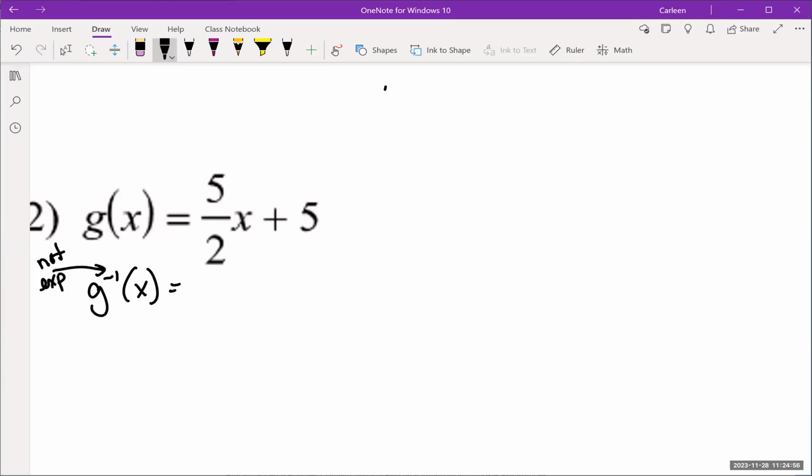Okay, so here we go. Using the procedure, change from g of x to y equals. Switch. Okay, some of you may remember. No, I'm not going there. Okay, switch the x and the y.